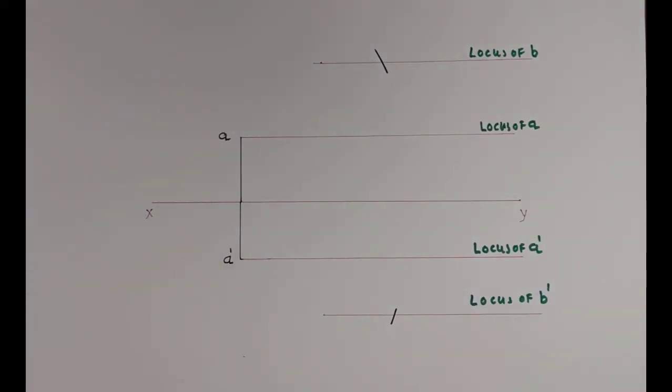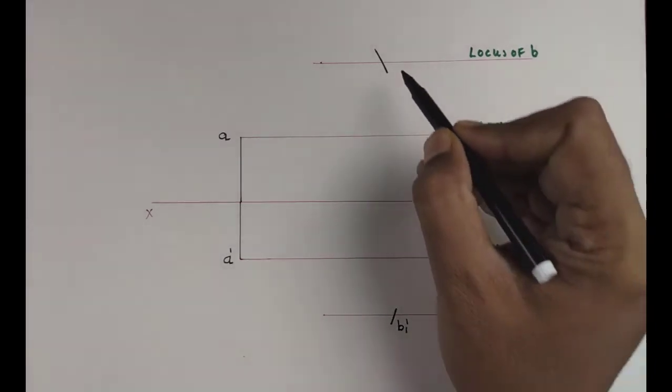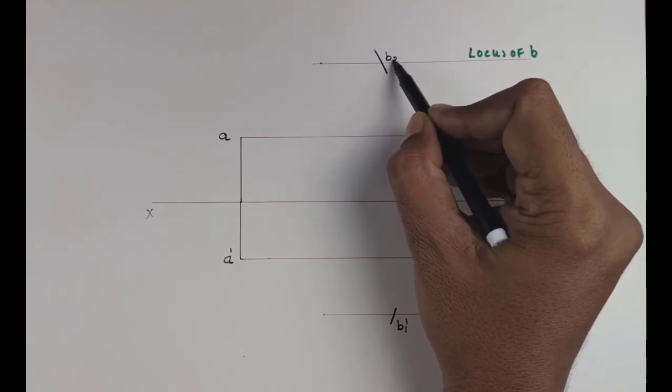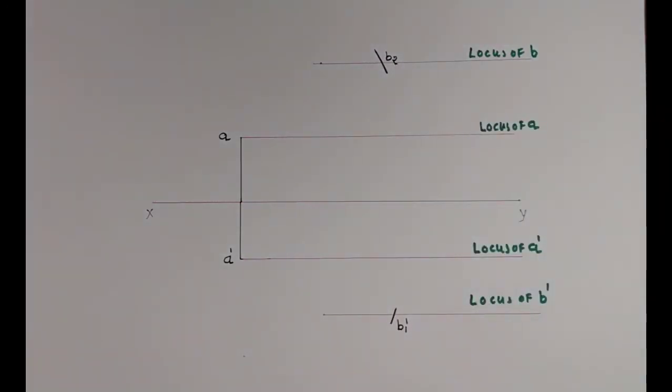It is our elevation point B1 dash, the point of true length in elevation. Similarly, it is the end point of true length in plan, B2.